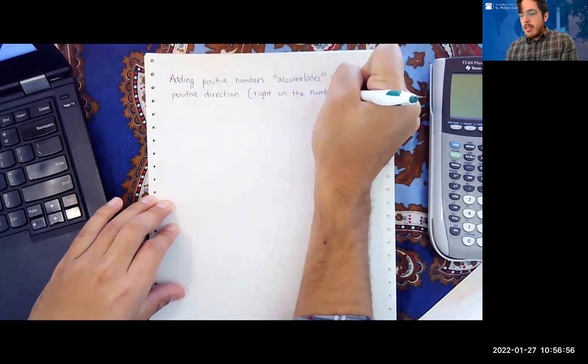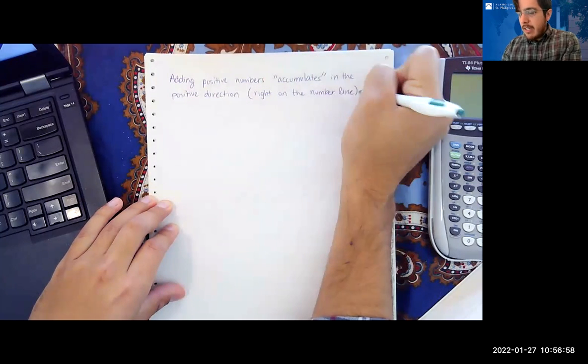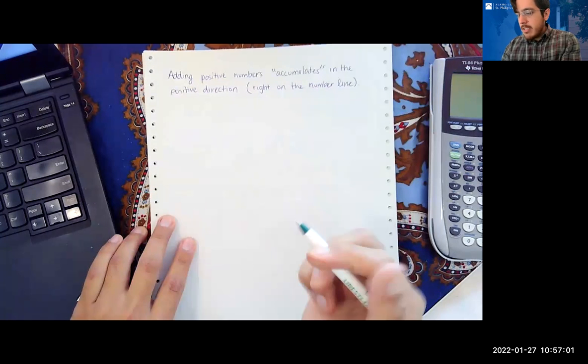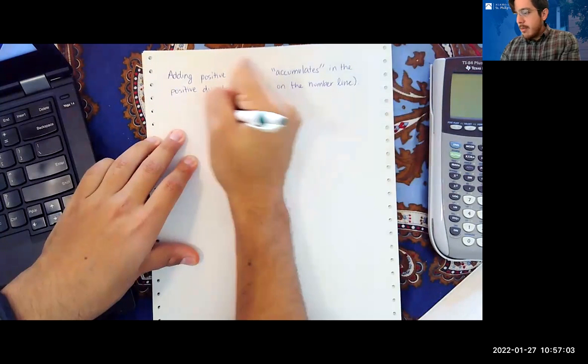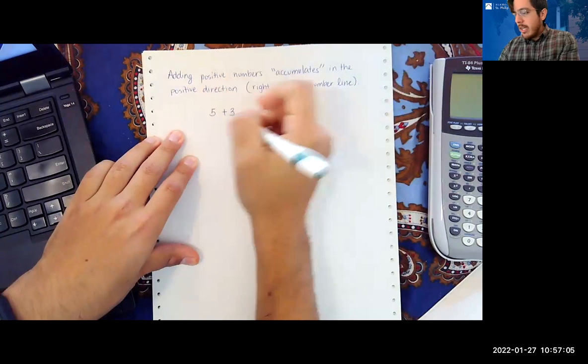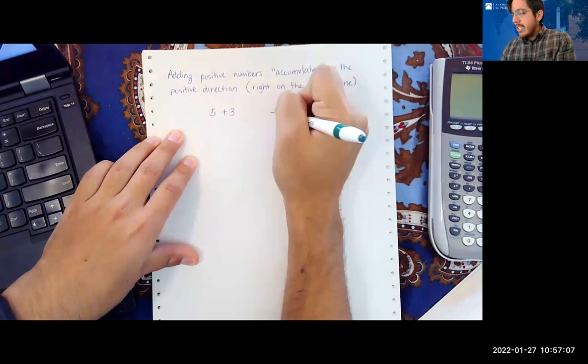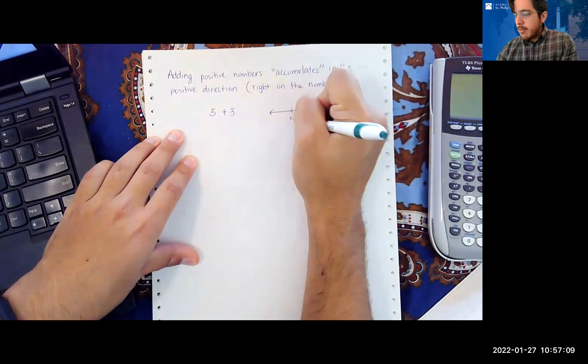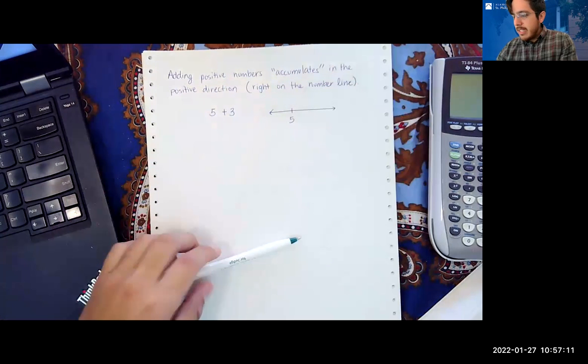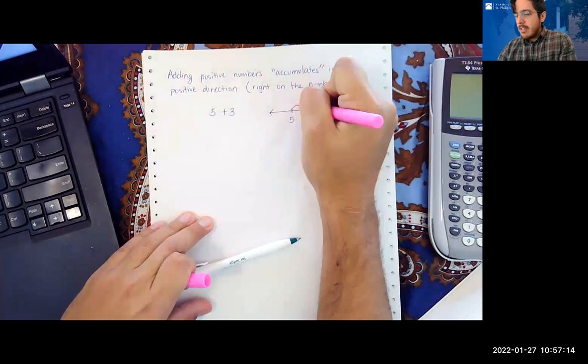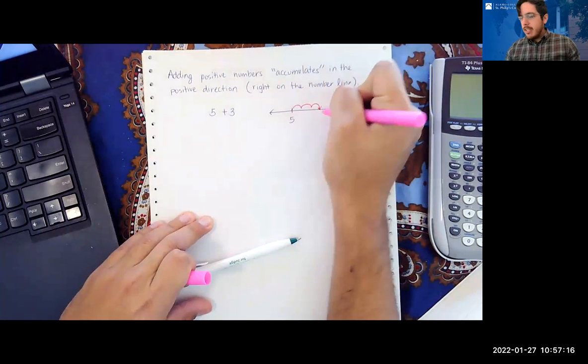Like if I have 5 plus 3, I can draw a number line where I have 5 and I need to move 3 units to the right. So 1, 2, 3 would put me at 8, right?